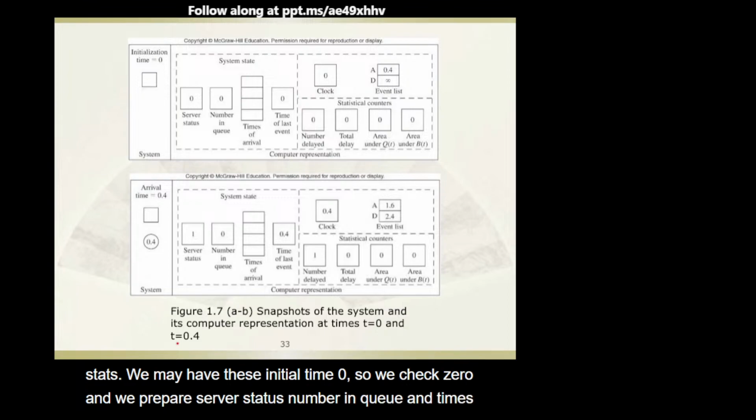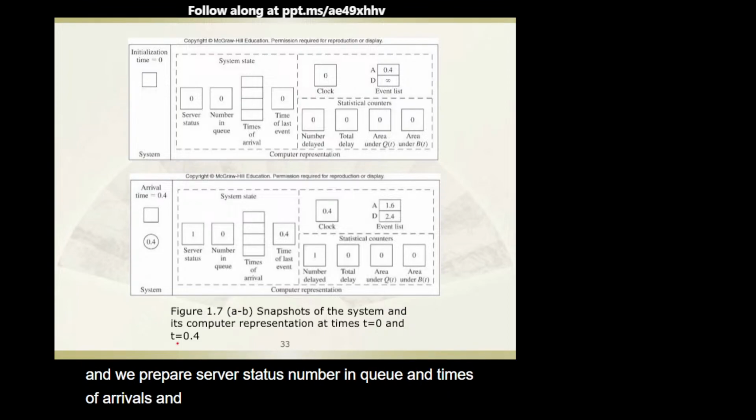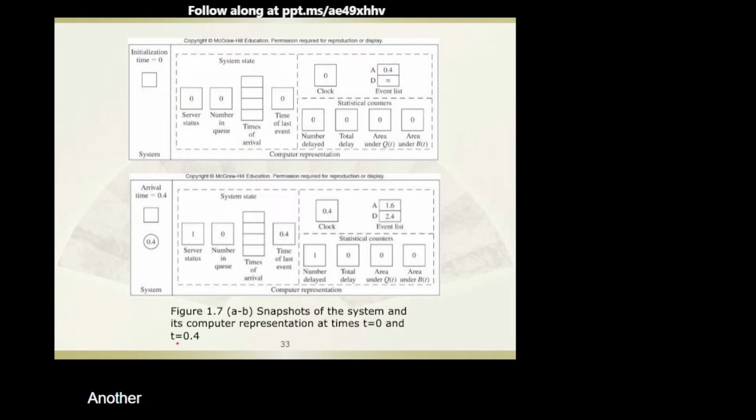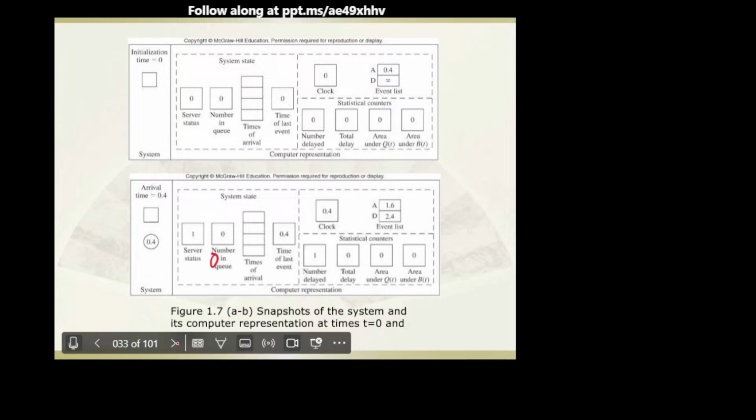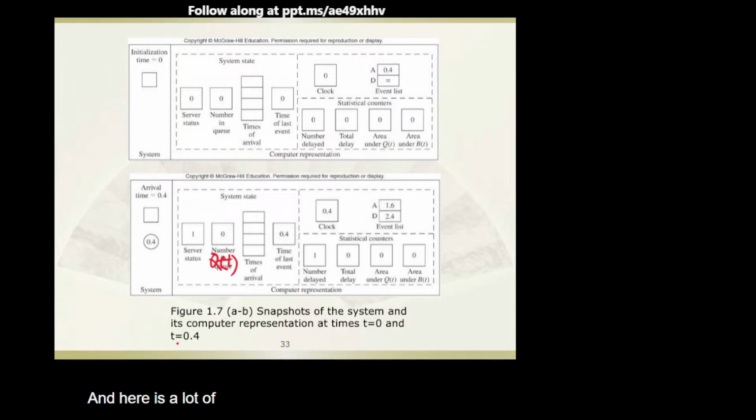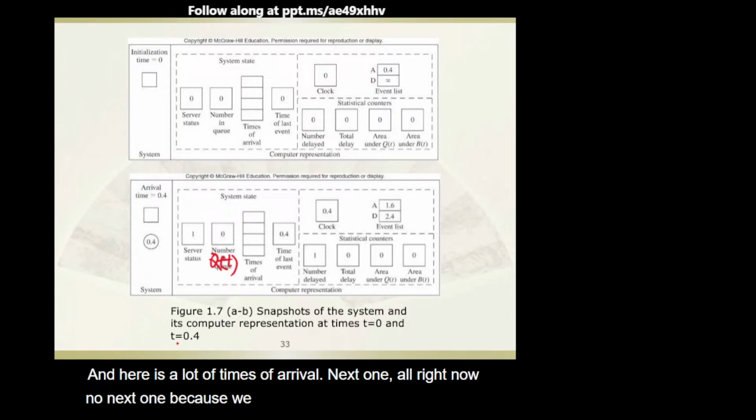And last one, 0.4. Server status 1, where 1 means busy. All right, and number in queue, it's Q of t. And here it's times of arrival, next one. Now no next one, because we have a single one.